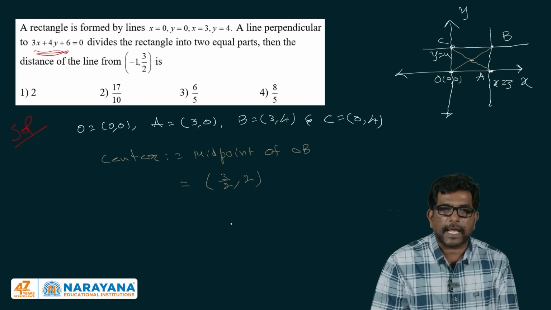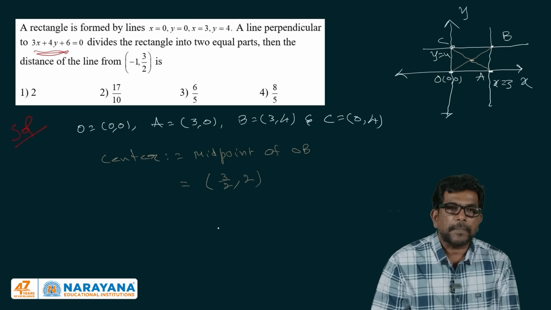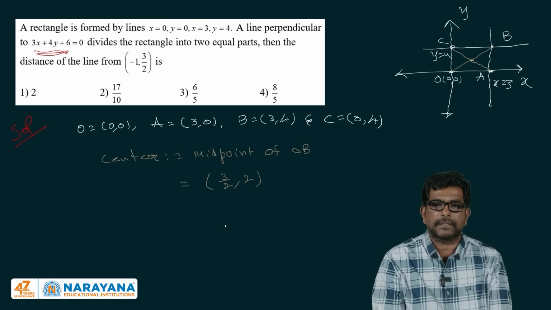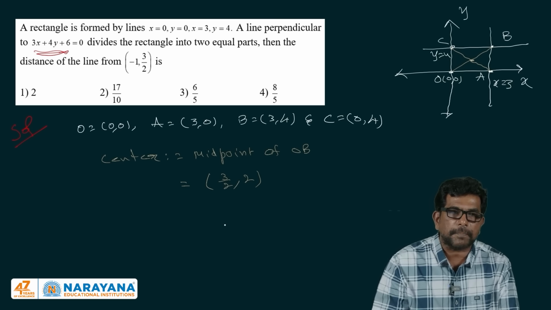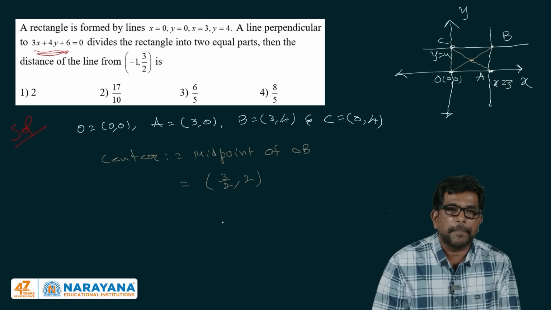The required line passes through this center and is perpendicular to the line 3x plus 4y plus 6 is equal to 0. Now we have a formula. The line perpendicular to the line ax plus by plus c is equal to 0 is bx minus ay is equal to bx1 minus ay1.